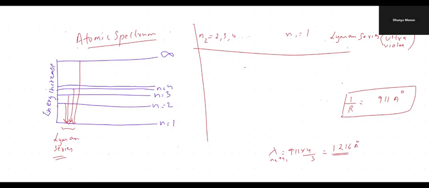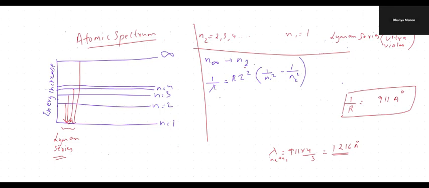Let's find out the value when the electron jumps from infinity to n1. Here we have 1 by lambda is equal to R Z square into (1 by n1 square minus 1 by n2 square).